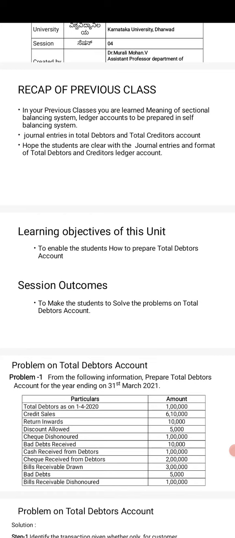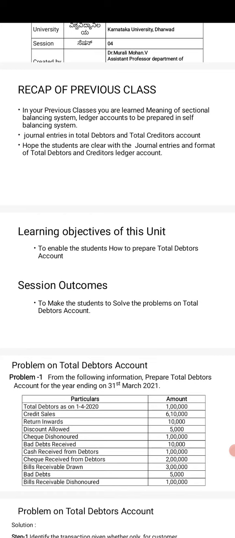In the total debtors account, we prepare for customers who buy goods from the company on credit basis. When we are preparing a personal account, for recording transactions under the debit side and credit side, we have to apply the rule: debit the receiver and credit the giver.